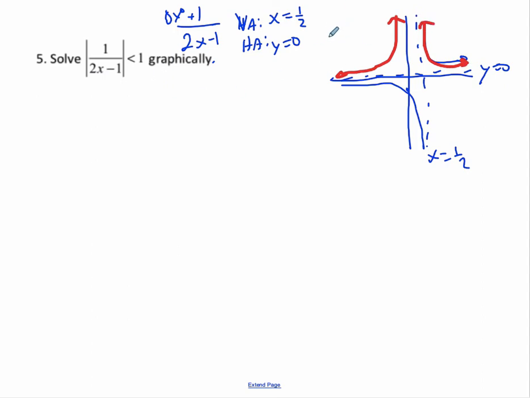We want to see where that is less than 1. So we can solve this here, 1 over 2x minus 1. That's this part here, because the original blue part and red part are the same, so we can solve that equals 1 to get that point.